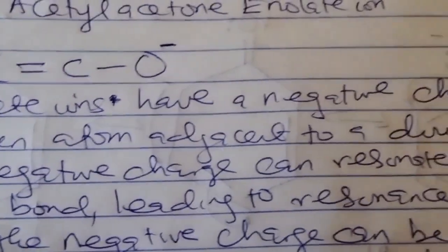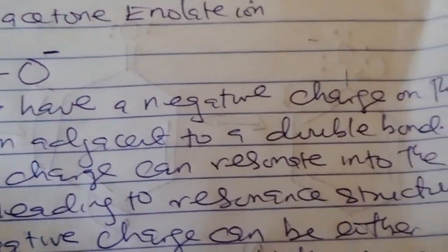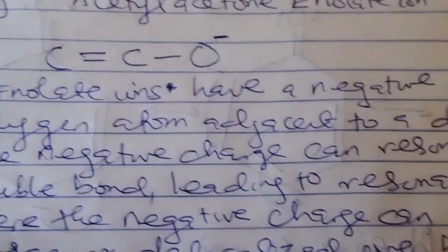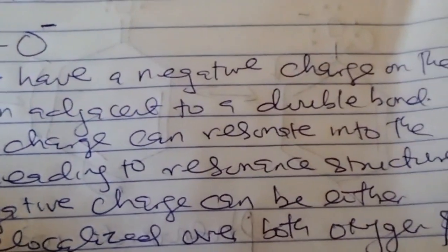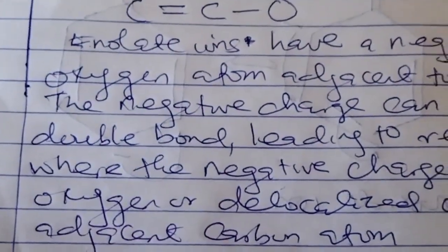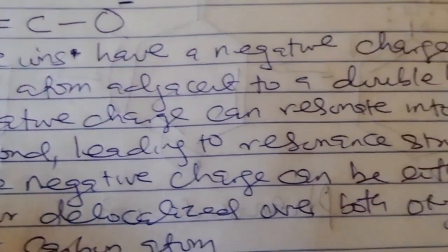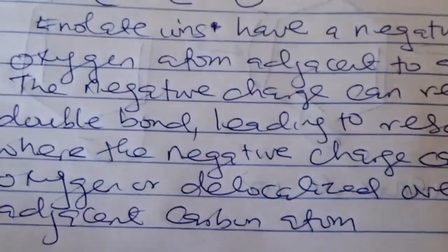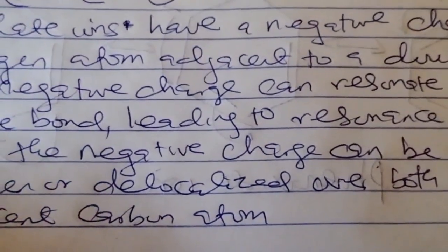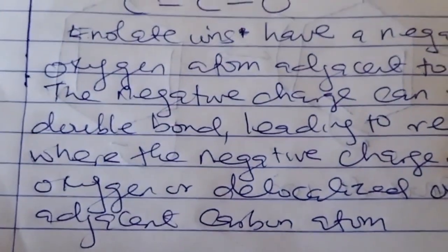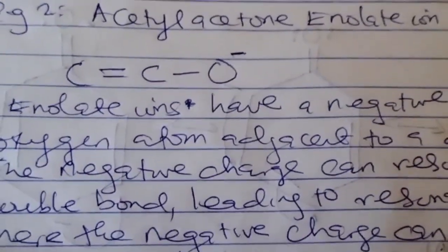So the negative charge can resonate into the double bond, leading to resonance structures where the negative charge can be either on oxygen or delocalized over both oxygen and the adjacent carbon atom.